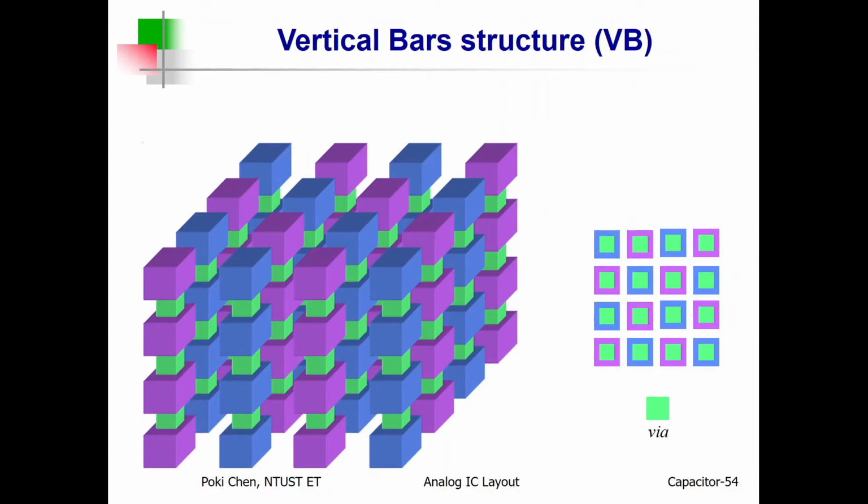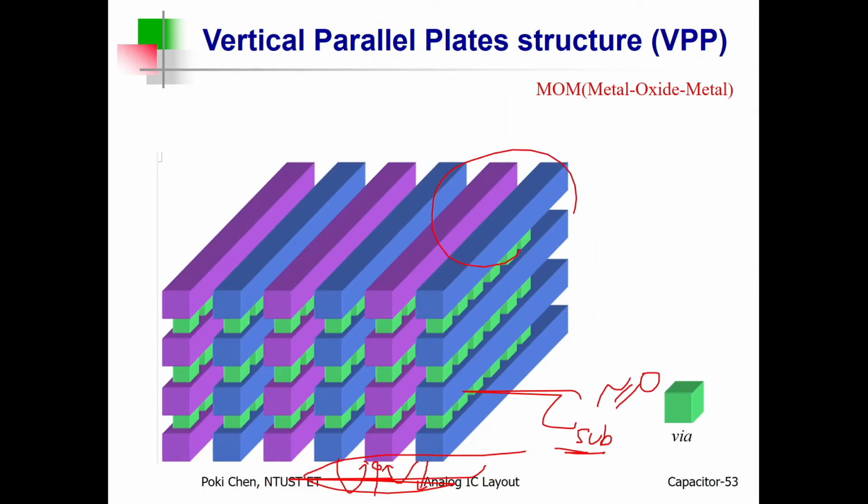Alright, to make it even better, we have such kind of vertical bar structure. You can see, this is the top view. Wow, many of the flux in this direction, along y direction, or along x direction, but no flux along z direction, right? So it means no vertical flux, only lateral flux. But compared to this one, maybe only in x direction, right?